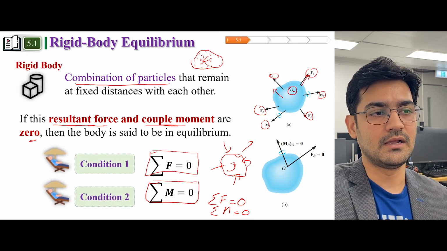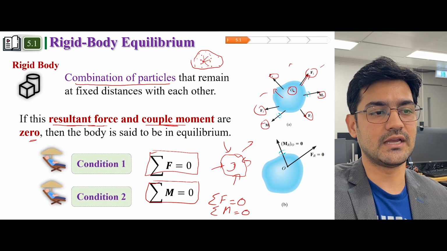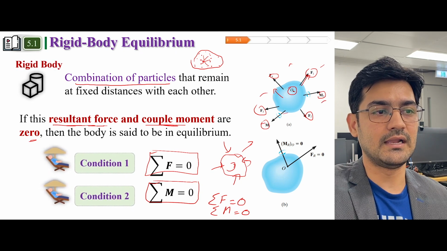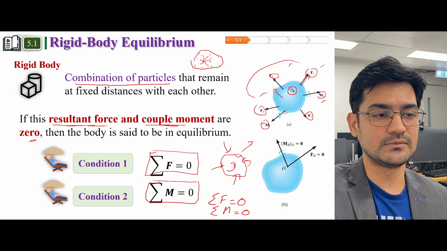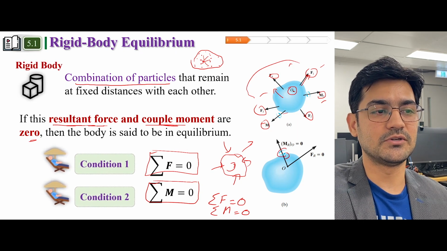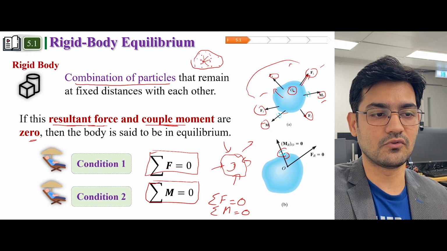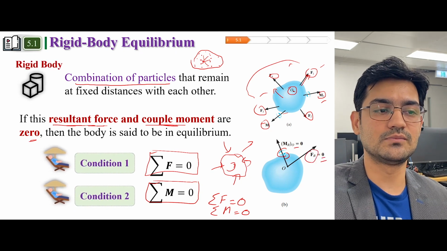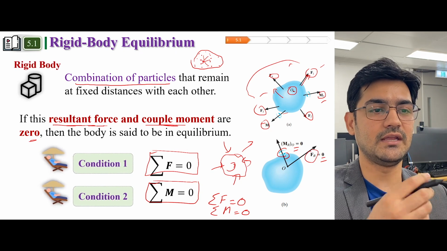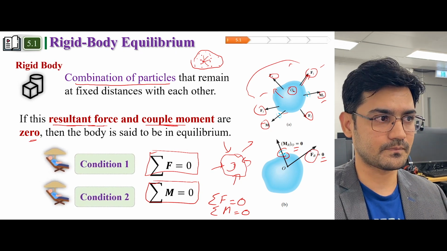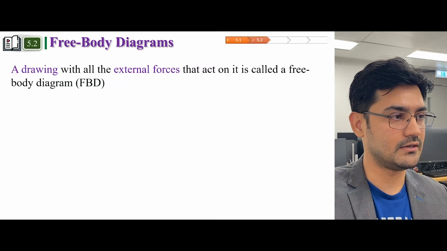For example, in this case we had so many forces acting on it and also the moments, and let's just say the summation of all those moments is this moment, and the summation of all these forces is this force. So if this force and this moment are equal to 0, then we can say that this rigid body is in equilibrium. What is a free body diagram?